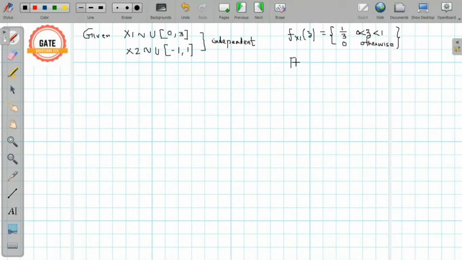The CDF of x1 we can write as z minus 0 upon 3, that is z by 3, in the range 0 less than or equal to z less than or equal to 3, and 1 for z greater than or equal to 3, and for all other values it will be 0.